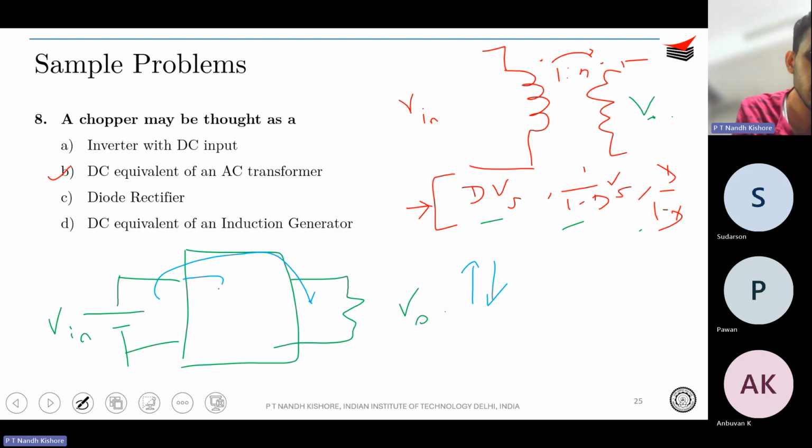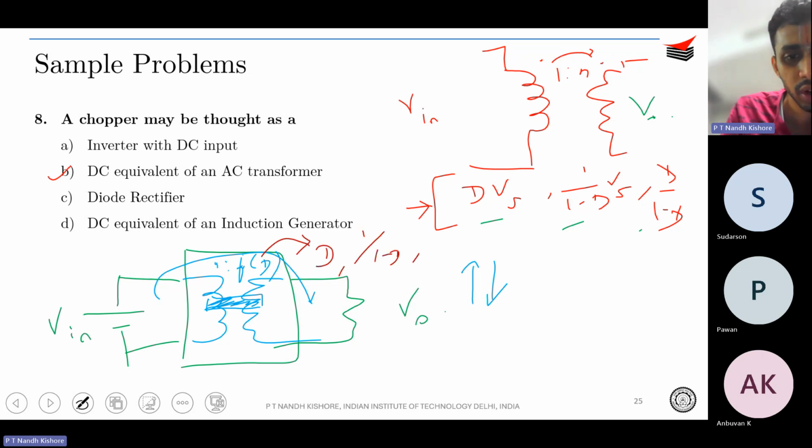That's why we tell the equivalent to be something like this. The equivalent representation is something like this. Okay. 1 is to D. 1 is to not D, 1 is to F of D. Where this F of D is your transformation ratio D or 1 by 1 minus D or whatever. Got it? Is this clear?